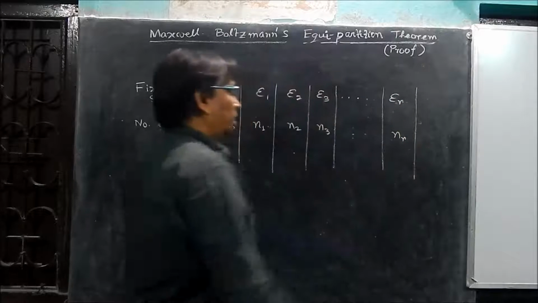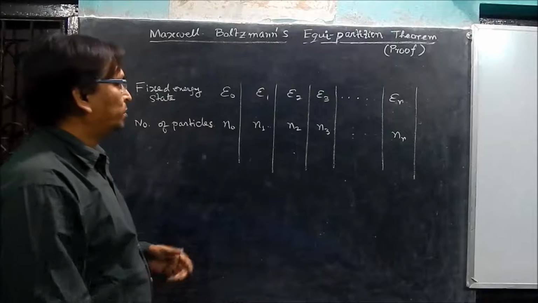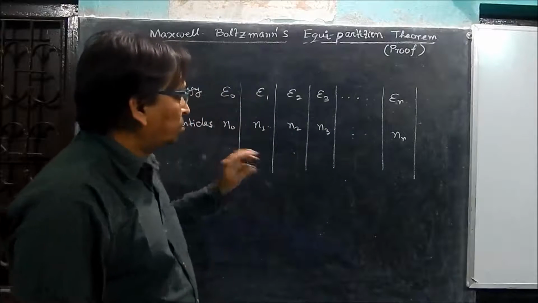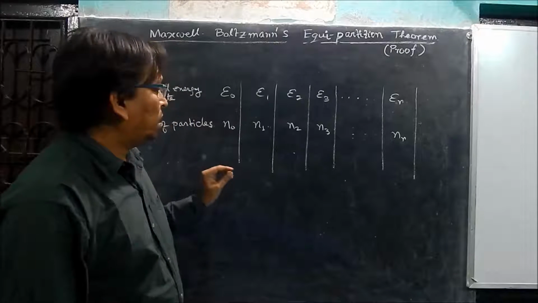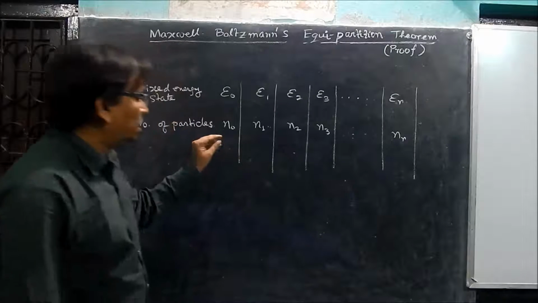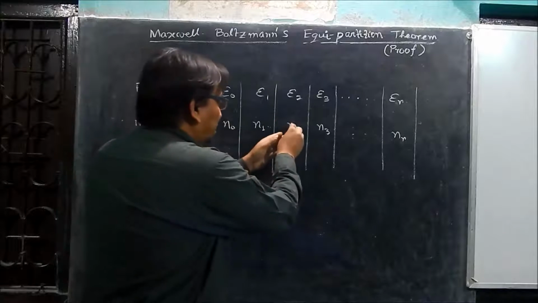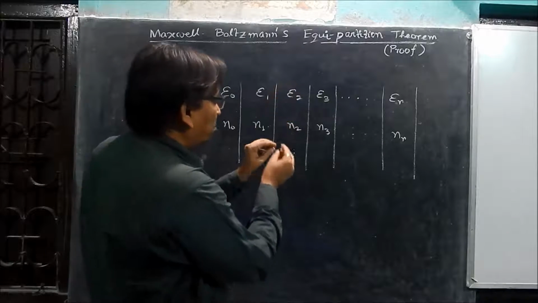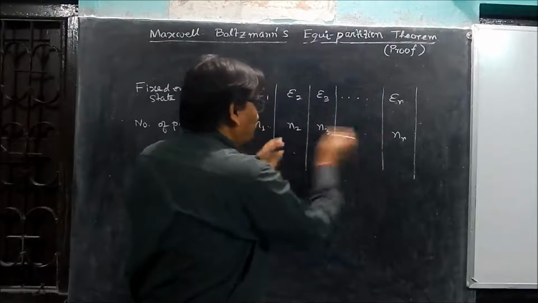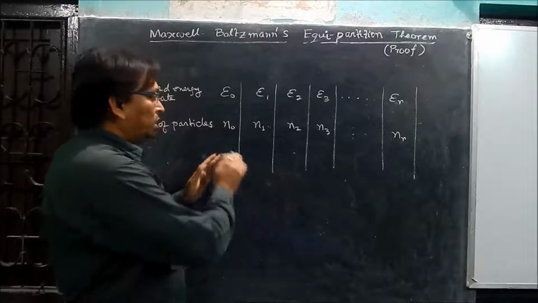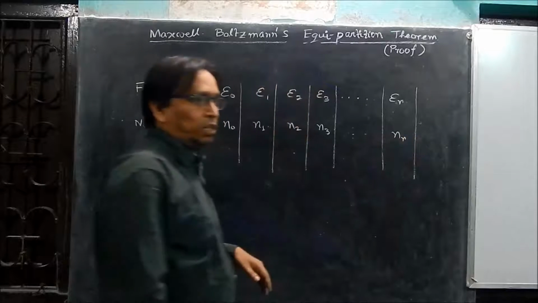So you have to put the particles in this way, and that is your work. What you can do is change some particles: you can take them from one energy box and give them to another. So you can interchange the number of particles between them, but you cannot change the summation of all these particles.